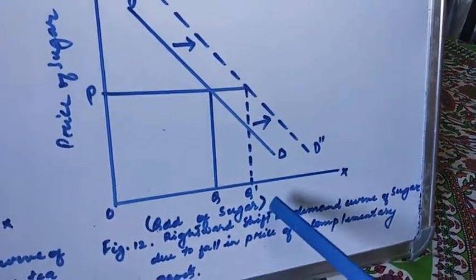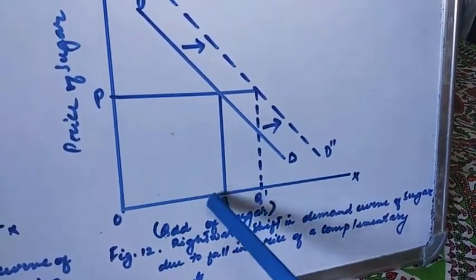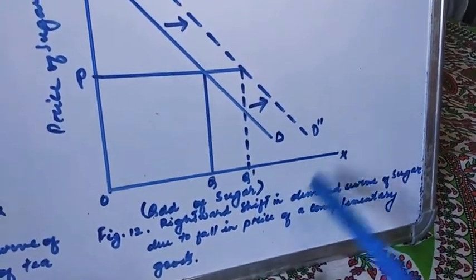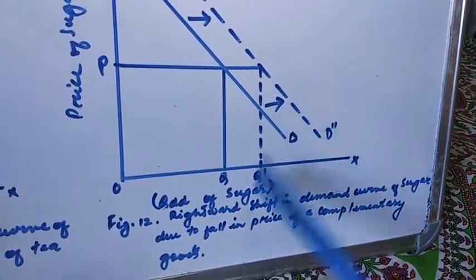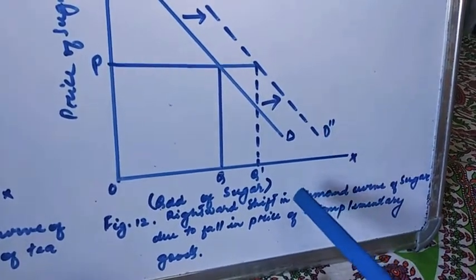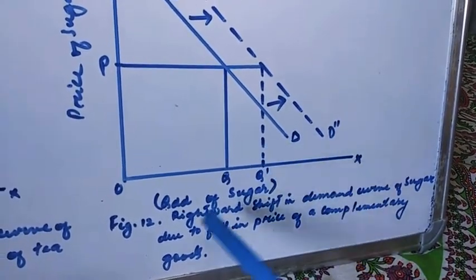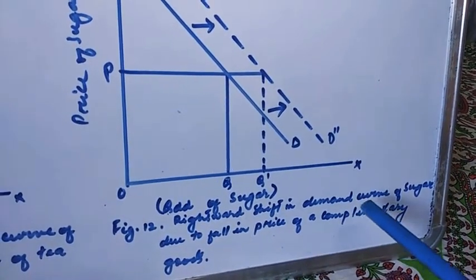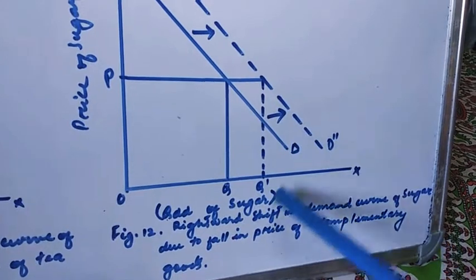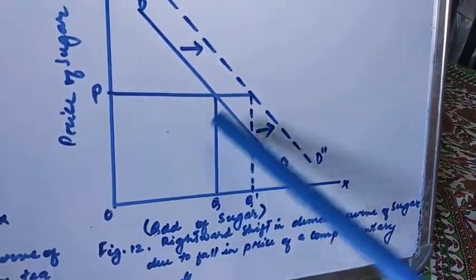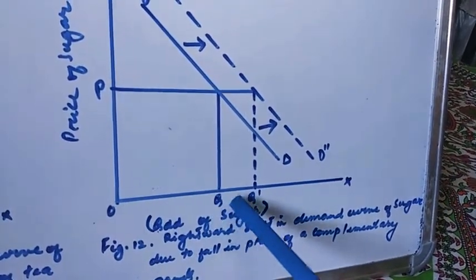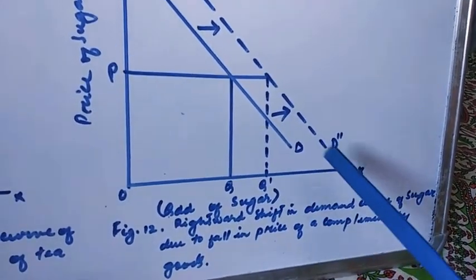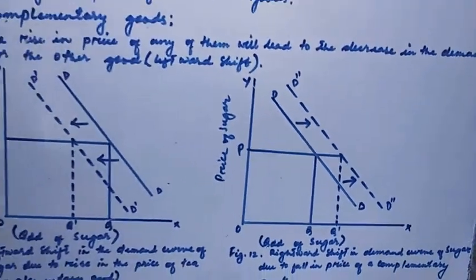Rightward shift means quantity demanded for sugar has increased from OQ to OQ dash when there is a fall in the price of tea. When the price falls for tea, people will take more tea, which means people will buy more sugar. So the rightward shift means quantity demanded for sugar has increased because there is a fall in the price of a complementary good, that is tea in this example.